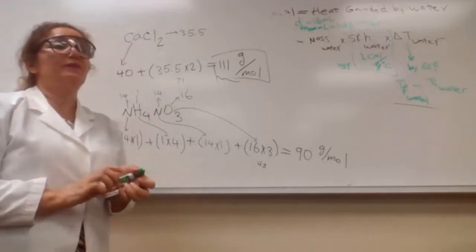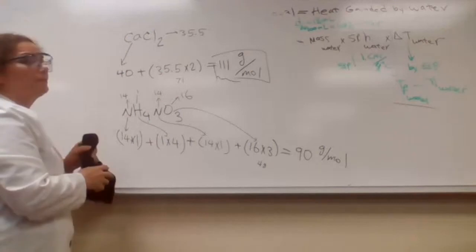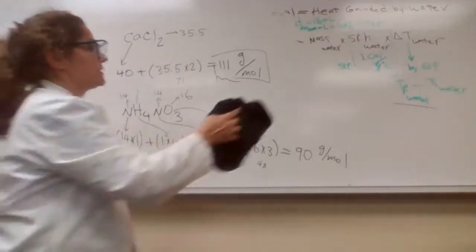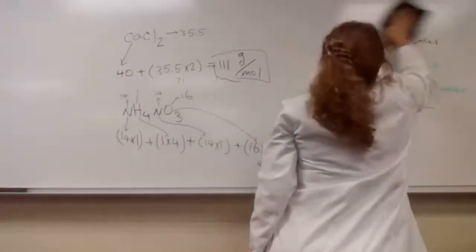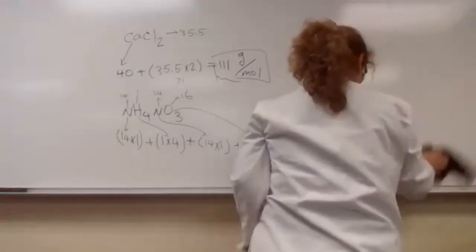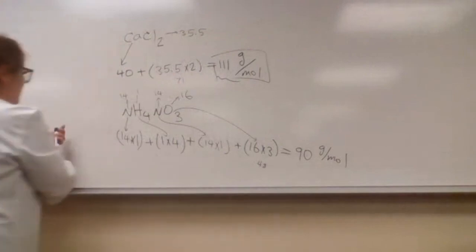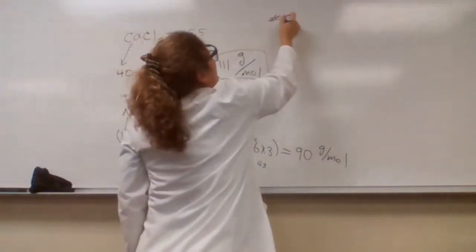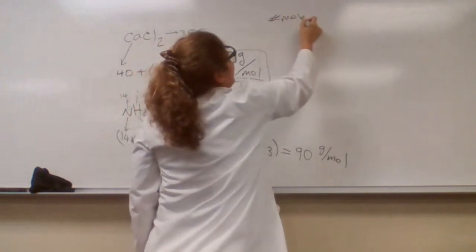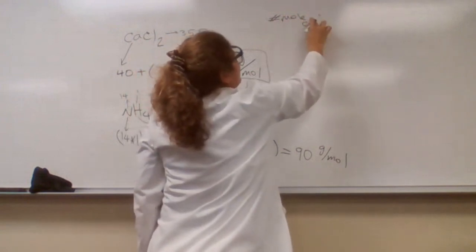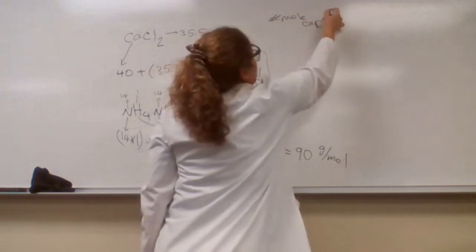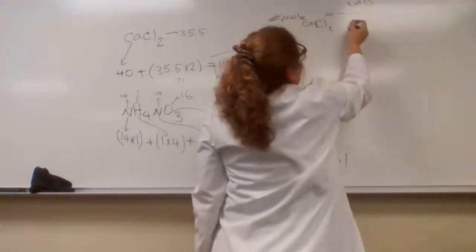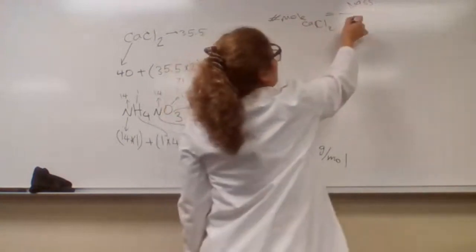And then you want to find the moles of calcium chloride and moles of ammonium nitrate. How do you find number of moles? Number of moles for calcium chloride equals mass divided by the formula weight or the molar mass.